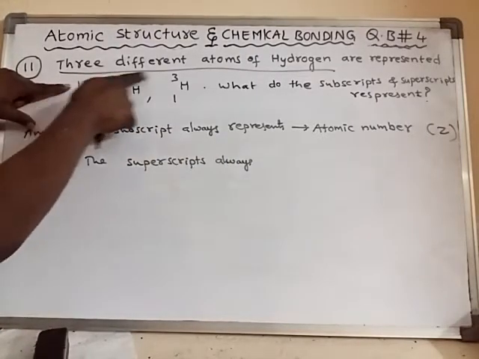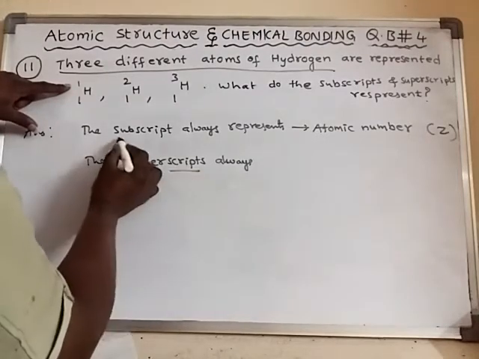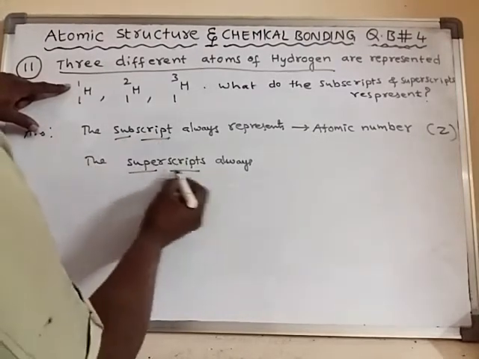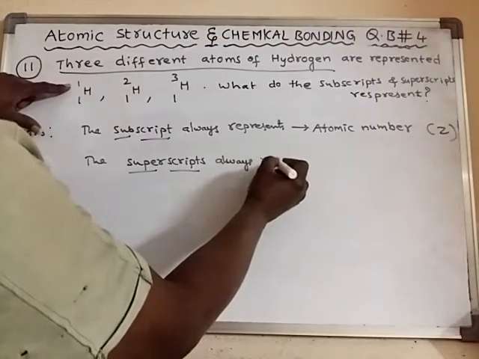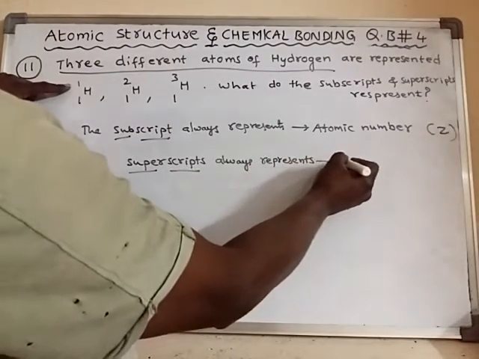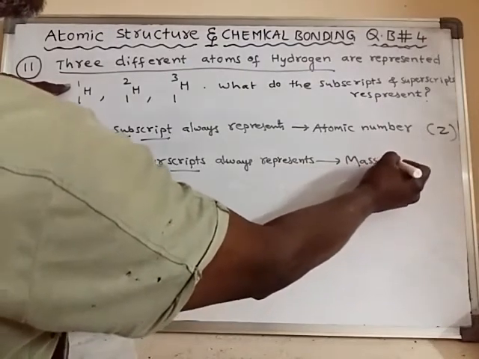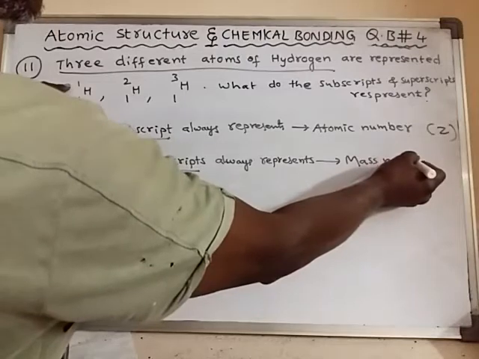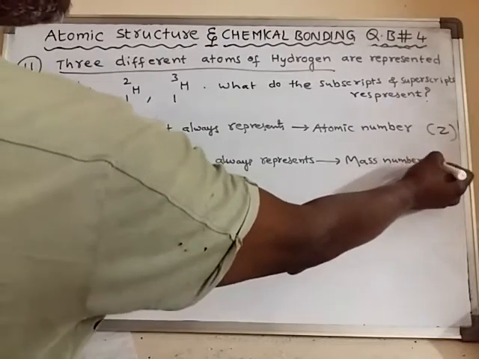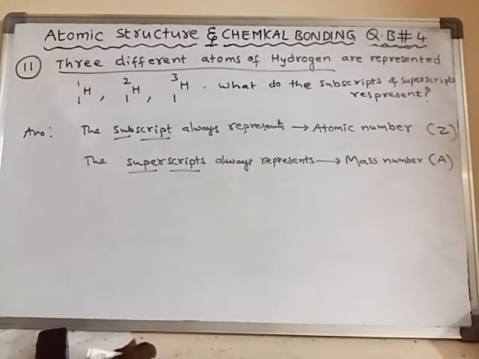The one which is written above is said to be the superscript. The superscript always represents the mass number, which is denoted by capital A. So like this.